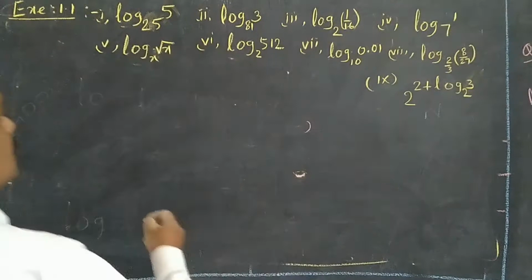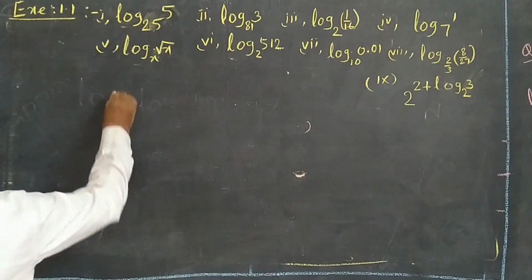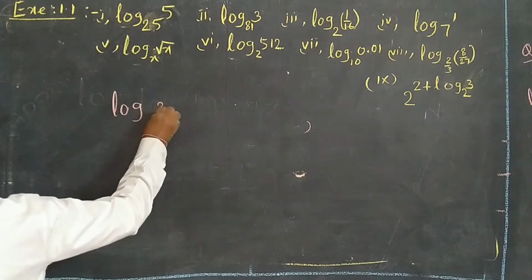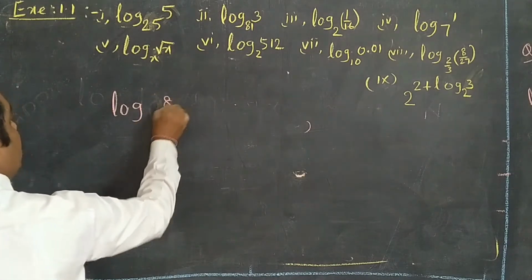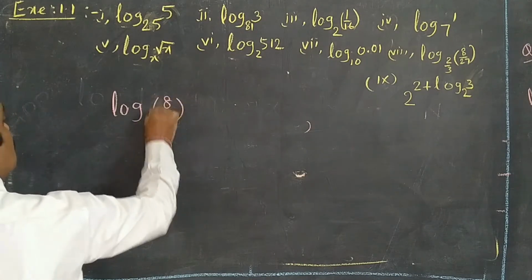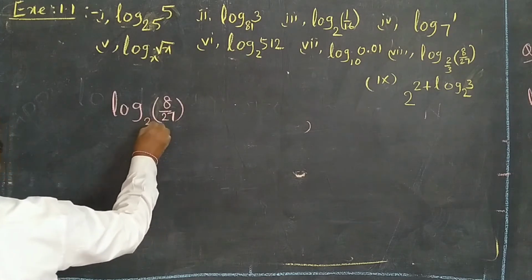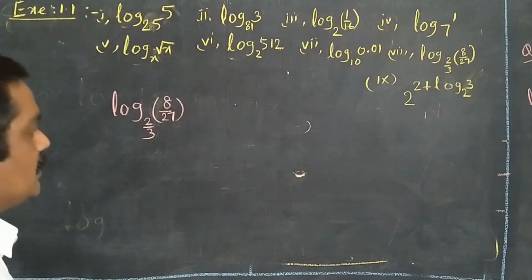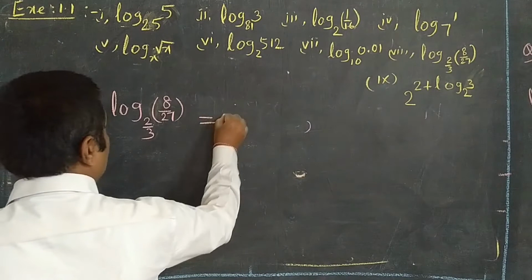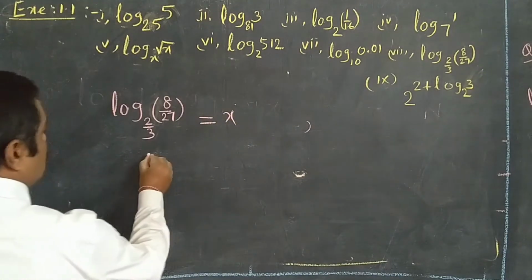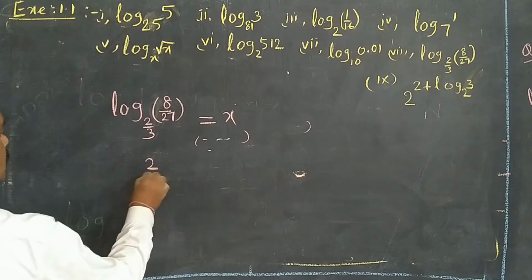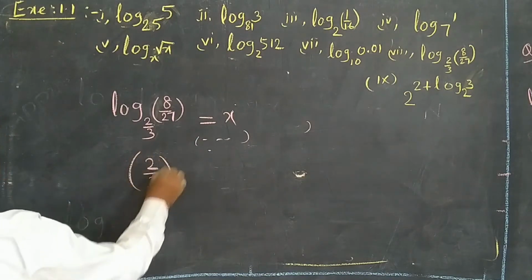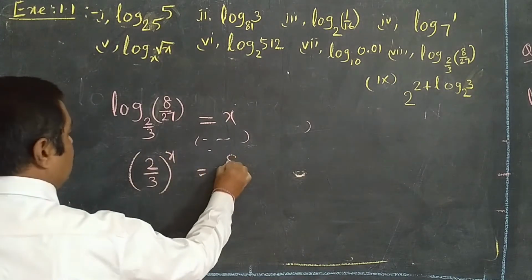Okay, I will explain once. 8th question. Log 8 by 27, base 2 by 3. 2 by 3 is the base. This is equal to, I am taking as x. So convert into exponential form. Means 2 by 3 whole to the power of x is equal to 8 by 27.